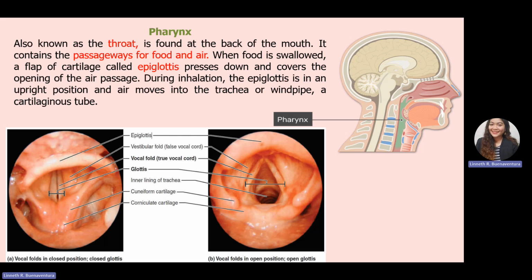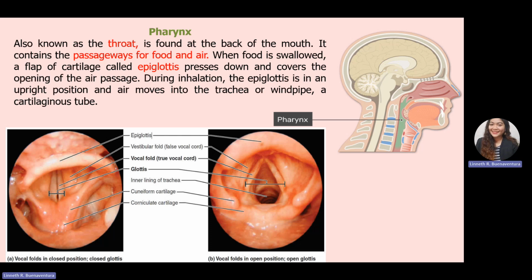When food is swallowed, the flap known as the epiglottis presses down and covers the opening of the passage. During inhalation, the epiglottis is in an upright position and air moves into the trachea or windpipe, which is a cartilaginous tube.